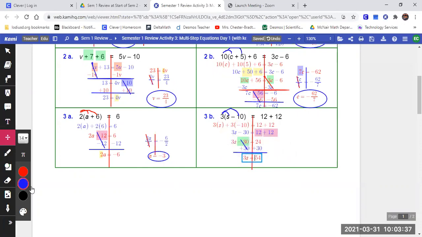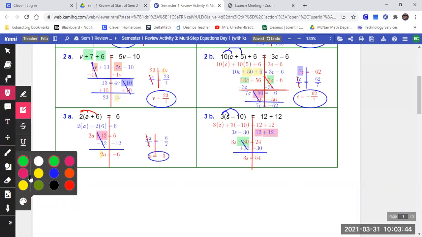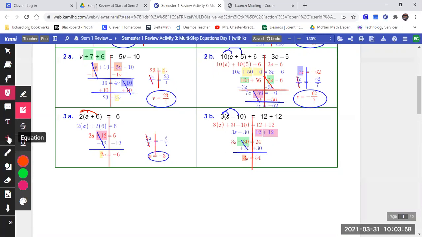Yes. So now we're going to do what? We've handled all the addition and subtraction. We move on to what? Big zero or big one? We've handled all the addition and subtraction. We're working on the big one and we're looking at what's with the letter and we're making it go away by doing the opposite.